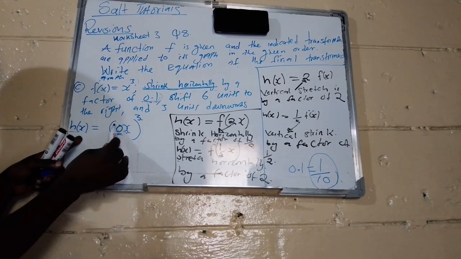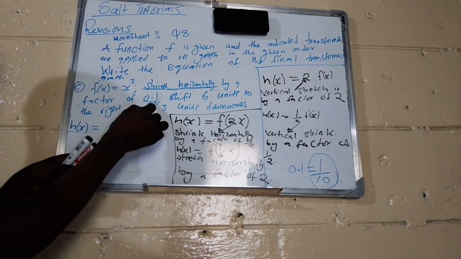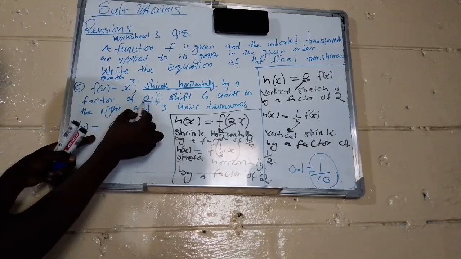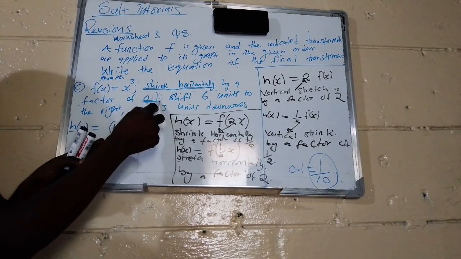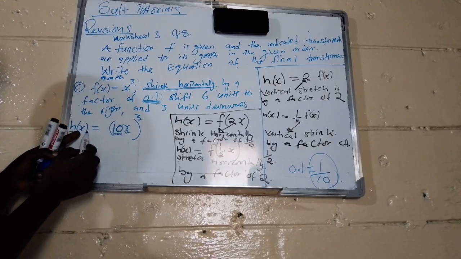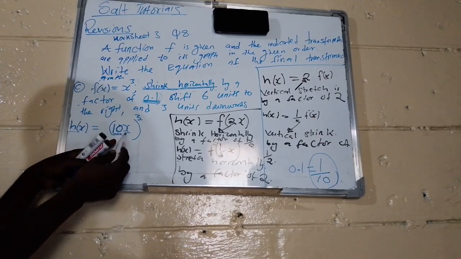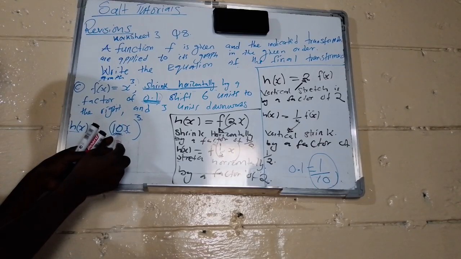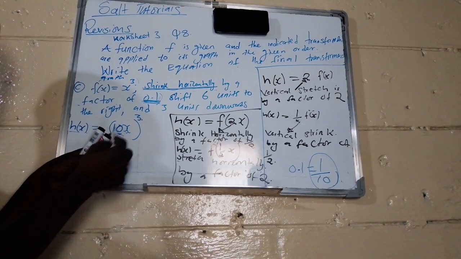But by what factor? The reciprocal. So the factor which is making this function shrink horizontally is the reciprocal, which is 1 over 10, and 1 over 10 is the same as 0.1. So h of x will be equal to 10 inside x, which is causing it to shrink horizontally. It can only shrink if this value is greater than 1. So it makes sense. 10 is greater than 1, it is shrinking. But by what factor? The reciprocal, which is 0.1.